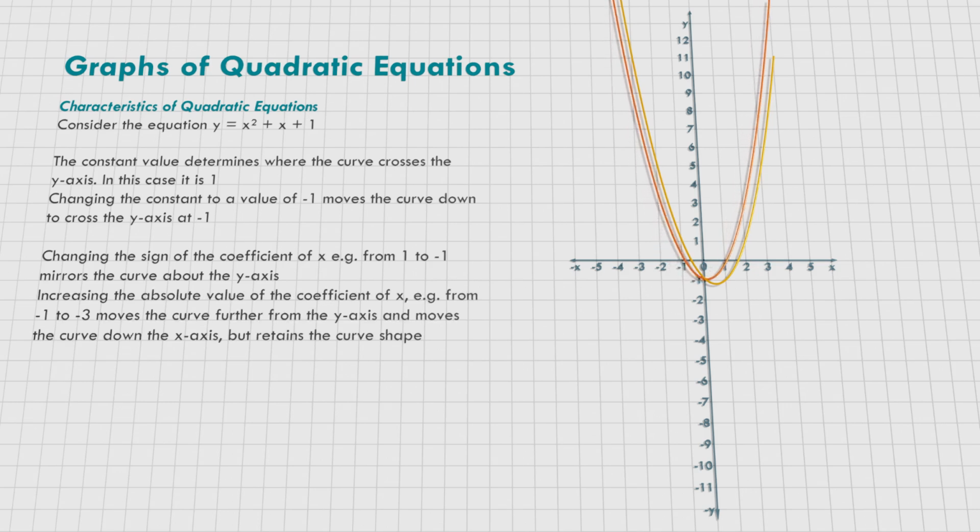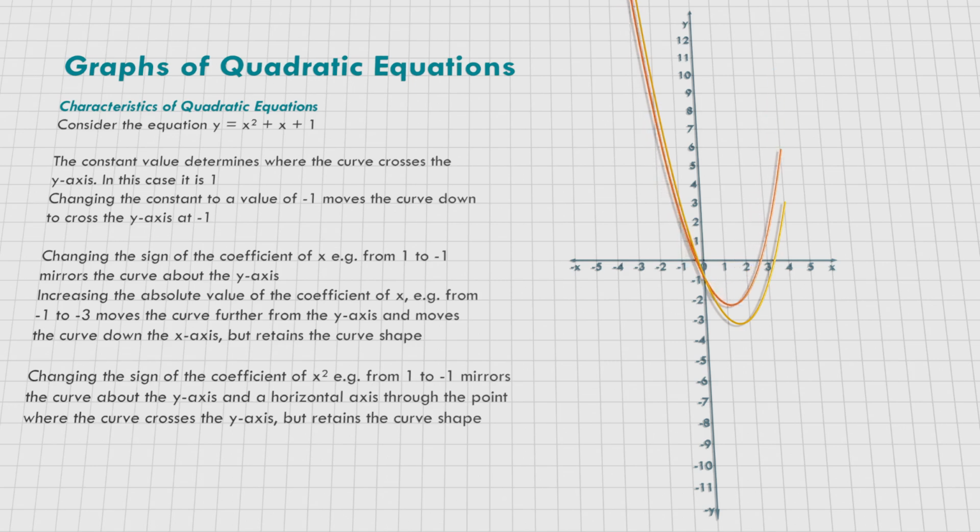Increasing the absolute value of the coefficient of x, for example from minus 1 to minus 3, moves the curve further from the y-axis and moves the curve down the x-axis but retains the curve shape.